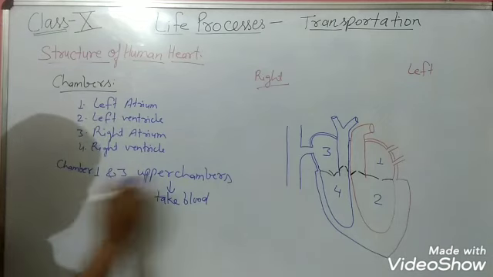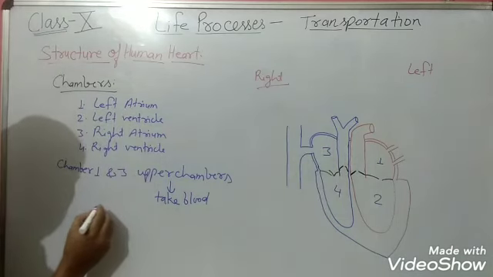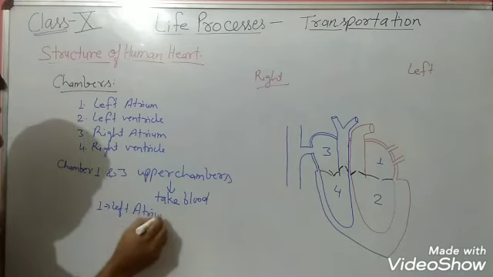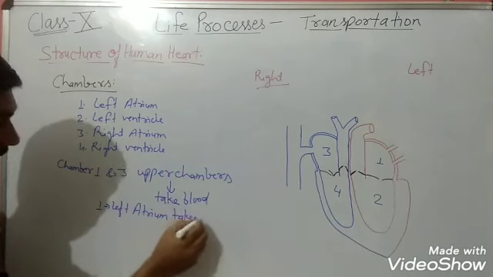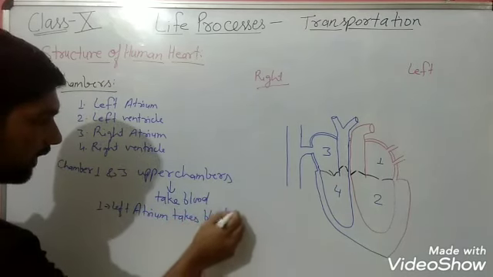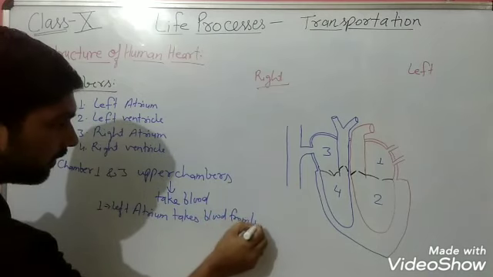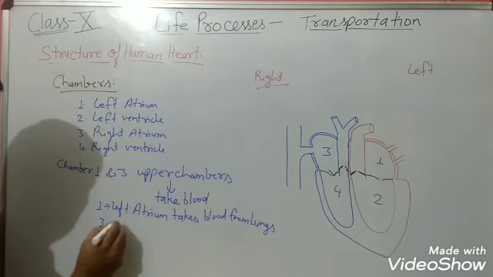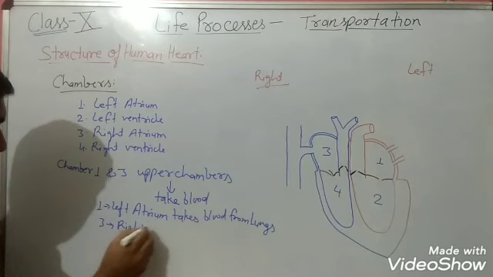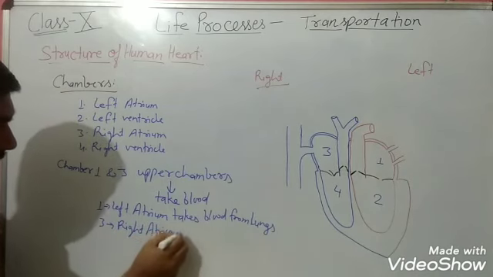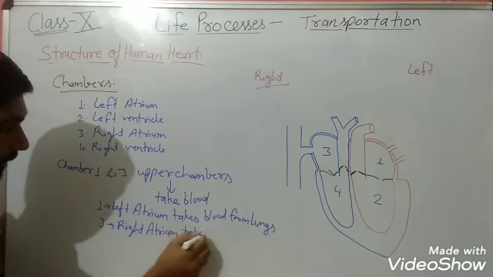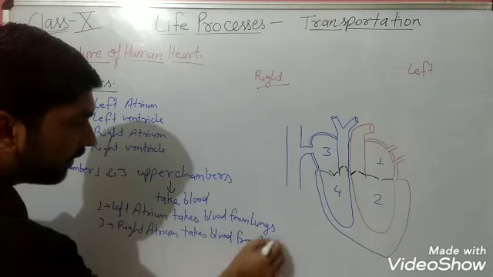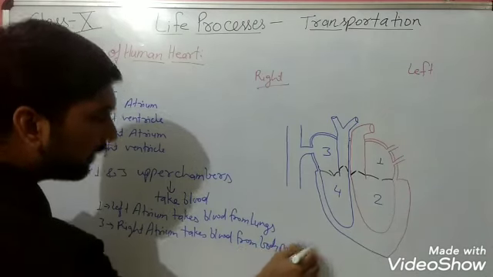The first one, the left atrium, takes blood from the lungs, and the third chamber, the right atrium, takes blood from the body parts.